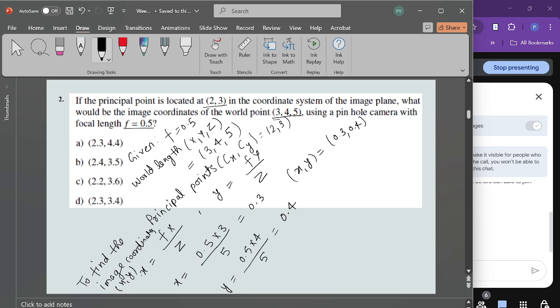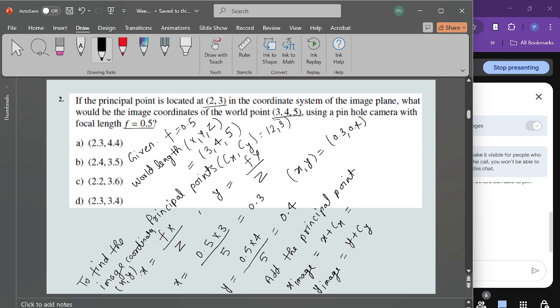They have also given the principal point, so we need to find the image coordinate with respect to the principal point too. Now just add the principal point to the image coordinate. For the final value of x you get x plus cx, and for y you get y plus cy.